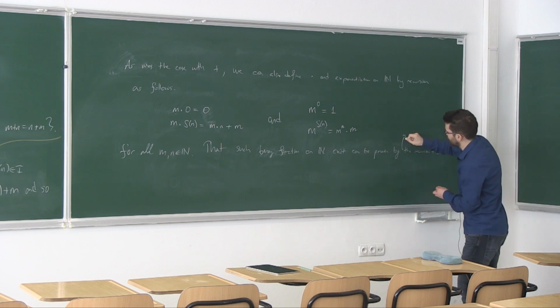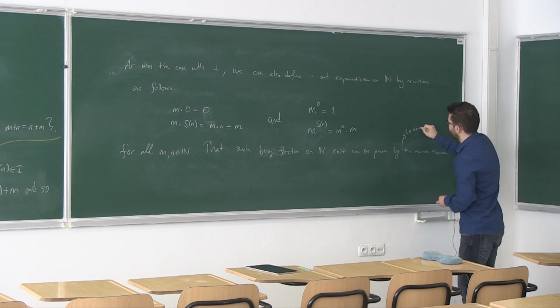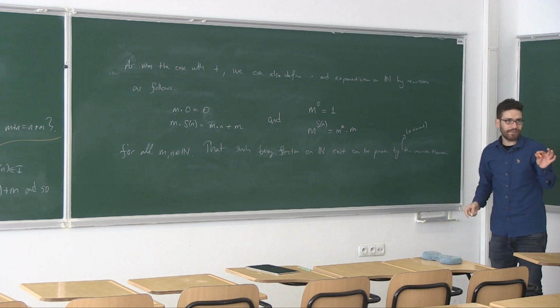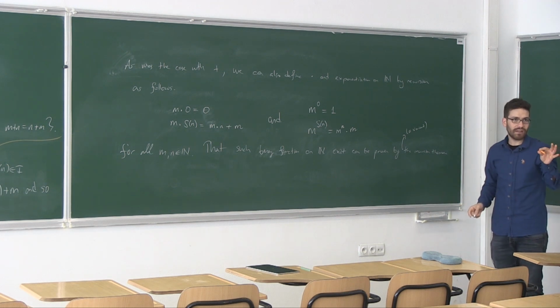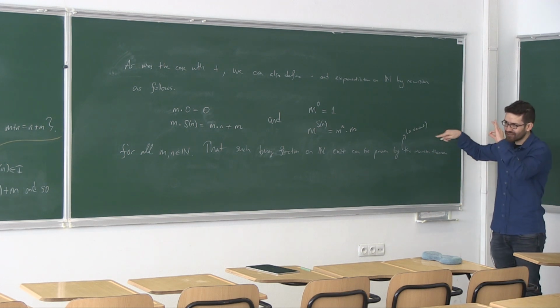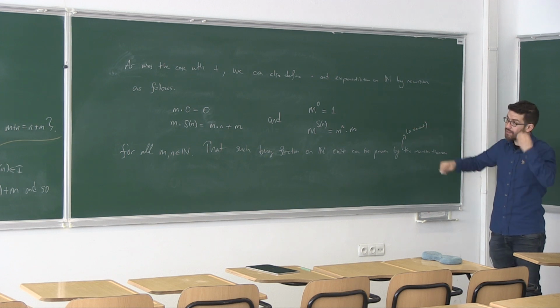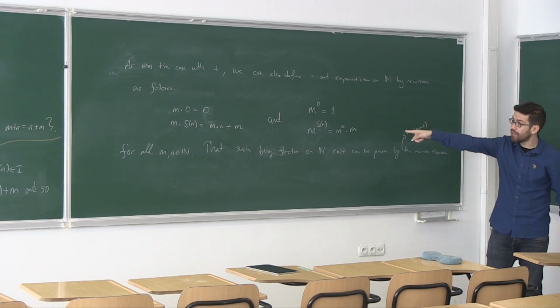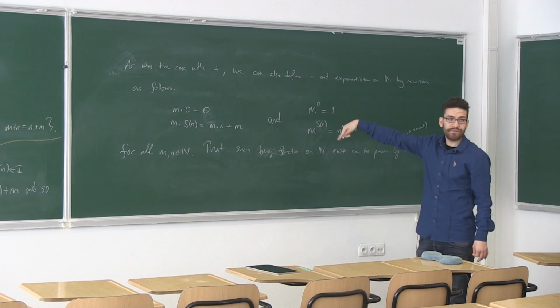By, again, a variant. The specific form of recursion theorem we proved in class is not sufficient. It doesn't directly give you these, but by some variant you can prove that these recursive definitions make sense.